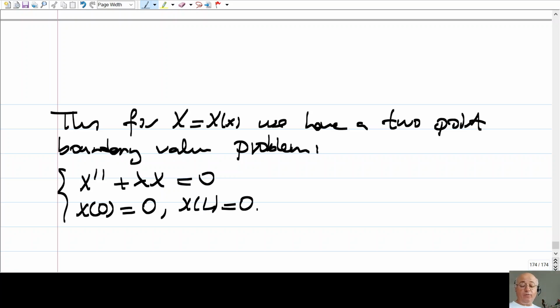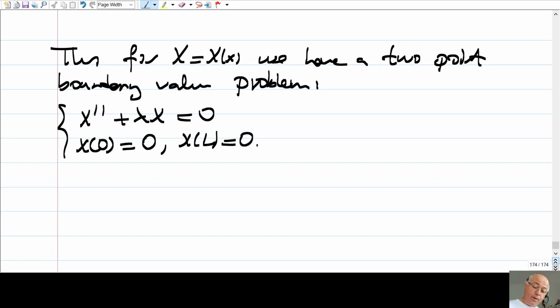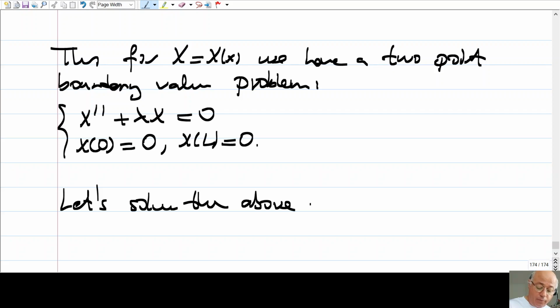And we should keep in mind that lambda is a constant, but we don't know its value, okay? So let's see what we will have. Now let's try to solve this equation. Let us solve the above two-point boundary value problem.